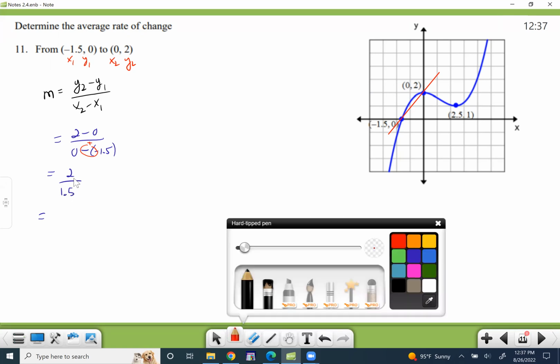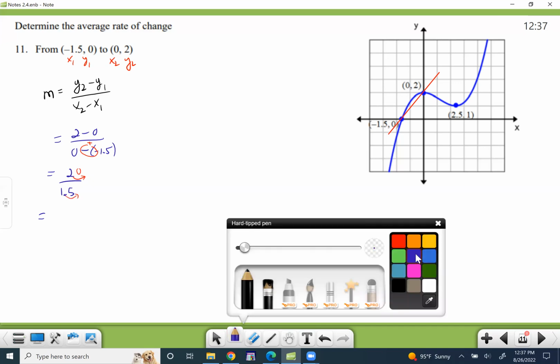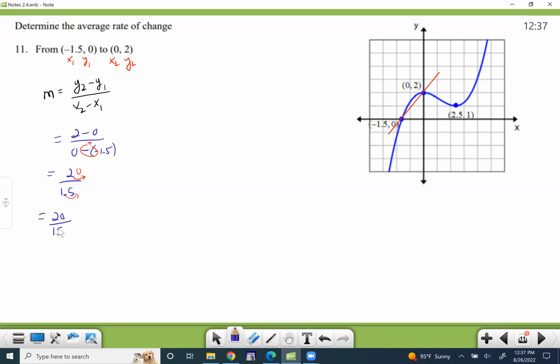I probably will just move the decimal place one time and move it one time to give me 20 over 15. And then I'll just reduce that, you guys. So I'm going to divide by 5 to both because I don't have my calculator on me. This just seems easy. So it looks like it's going to be 4/3. That is bigger than 1. Okay. So the average rate of change between those two points is 4/3. So for every 1 unit on the x-axis, we would expect a rise of 1.3-ish on the y-axis, okay? And it's a positive number, so that looks pretty good.